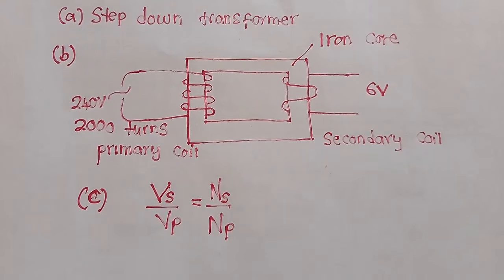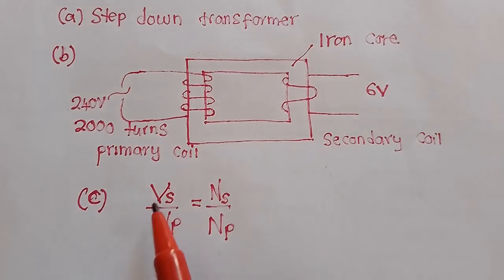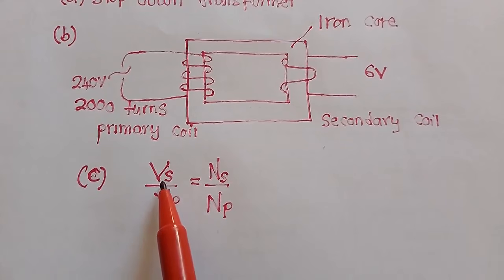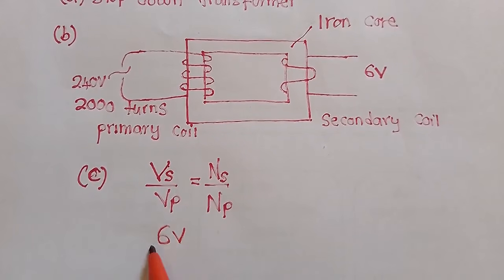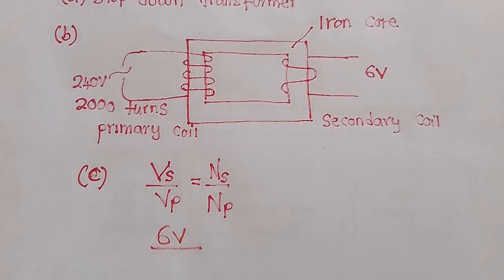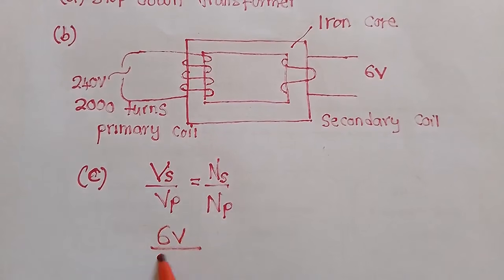Then we try to substitute. The voltage in the secondary is 6, so I say 6 volts over voltage primary, which is 240.